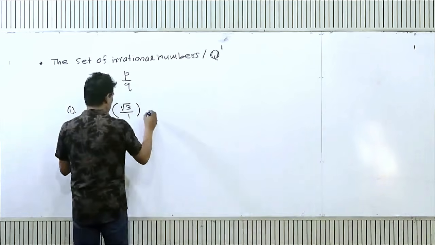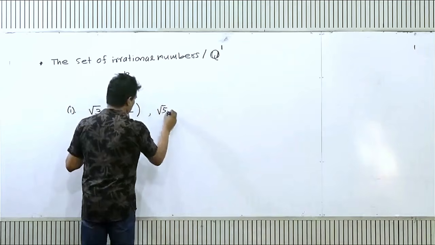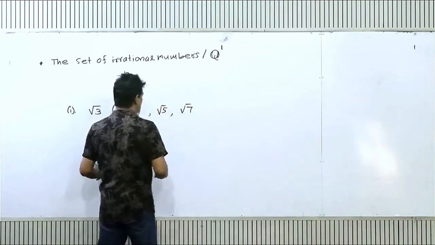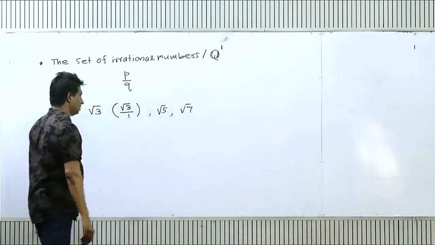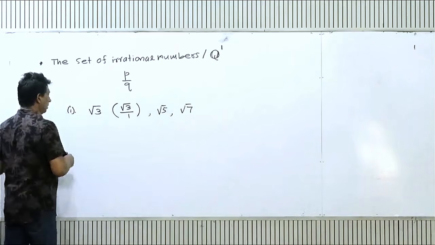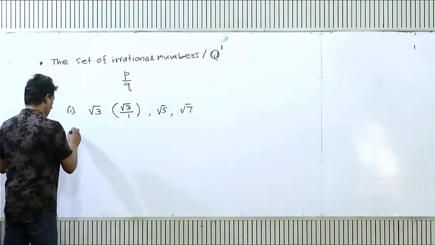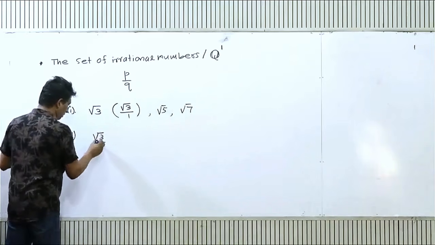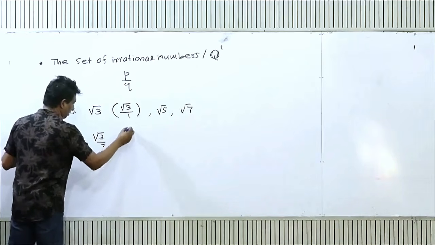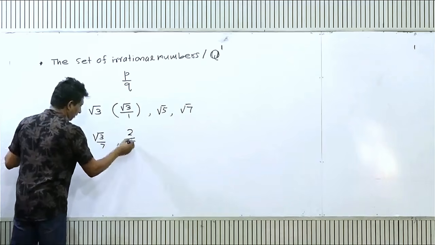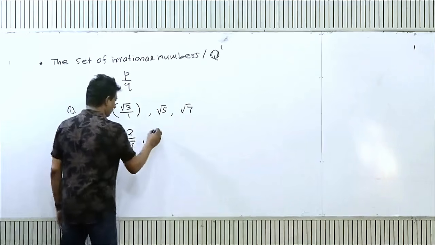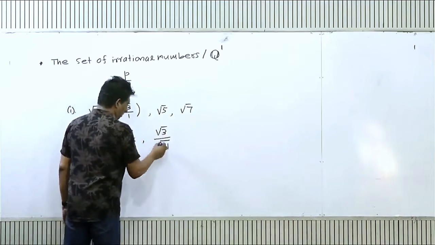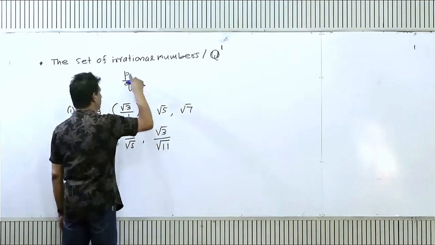Then root 3, root 5, root 7, these are irrational numbers. Not only that, numbers like root 3 over 7, 2 over root 5, root 3 over root 11 are not of this form.